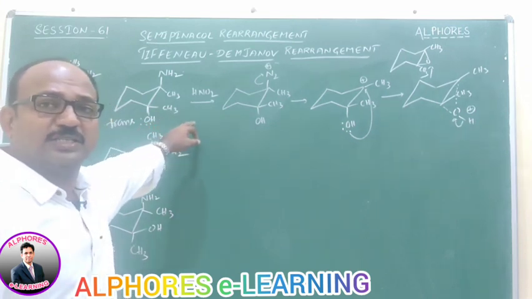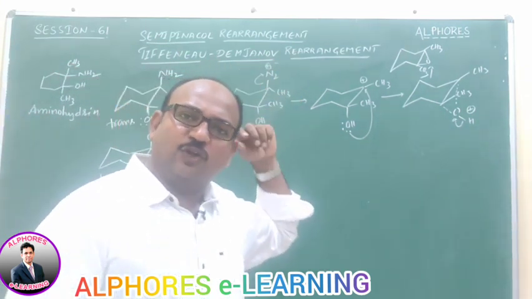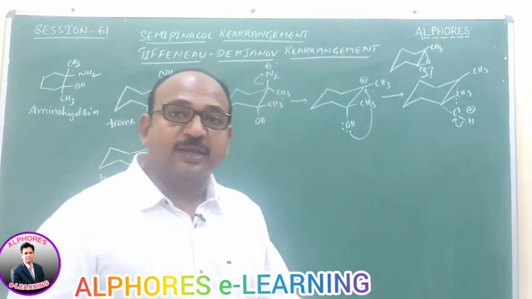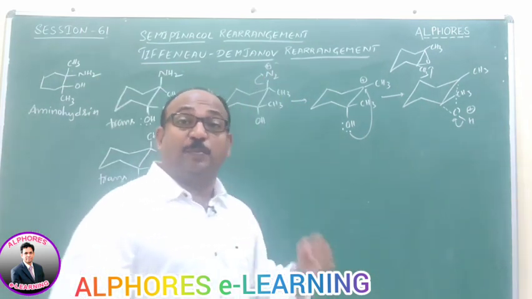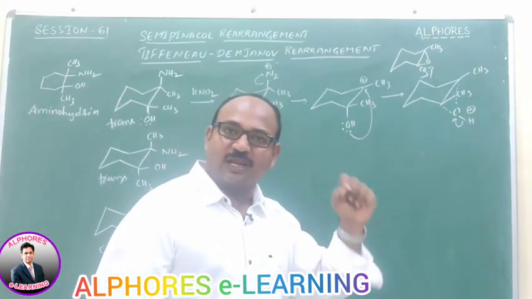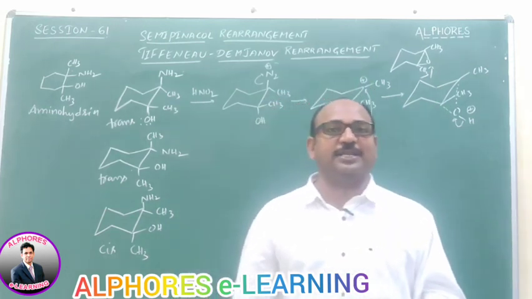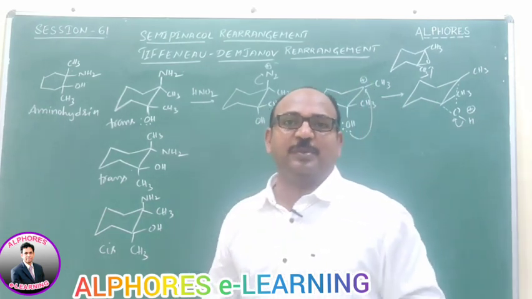Observe here. First step, diazotization: NH2 converts into N2 plus, and the N2 plus is a good leaving group, and its leaving ability is promoted by this OH group. Earlier we learned the anchimeric assistance or neighboring group participation concept. Here is the same concept.